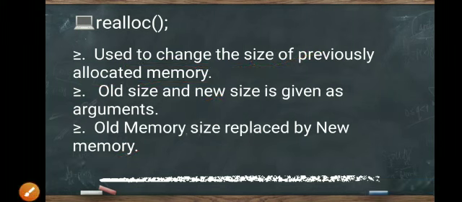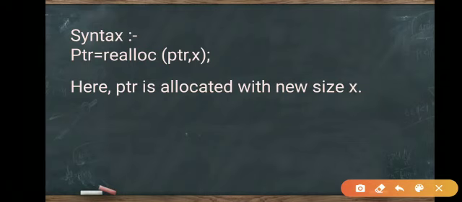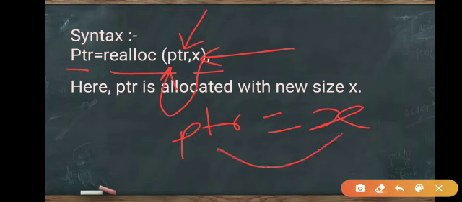Now see the syntax of the realloc function. ptr = realloc(ptr, x). This ptr is the previously allocated memory, and this x is our required memory, whatever we require in our next step. Here ptr is allocated with the new size x. This means ptr will be allocated with x. But what happens?